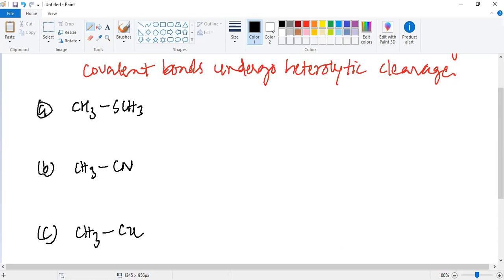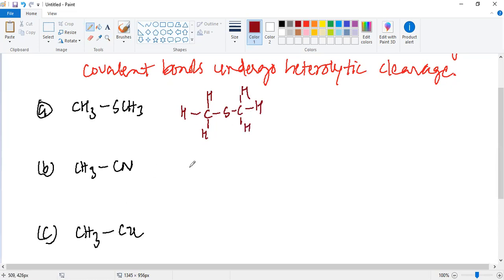CH3Cu. So let us first understand the structure, my dear students. This carbon has 3 hydrogens and 1 sulfur bonded to it, and then we have another CH3.